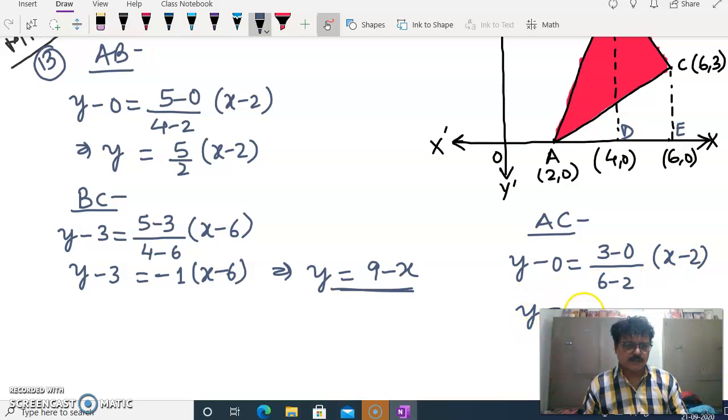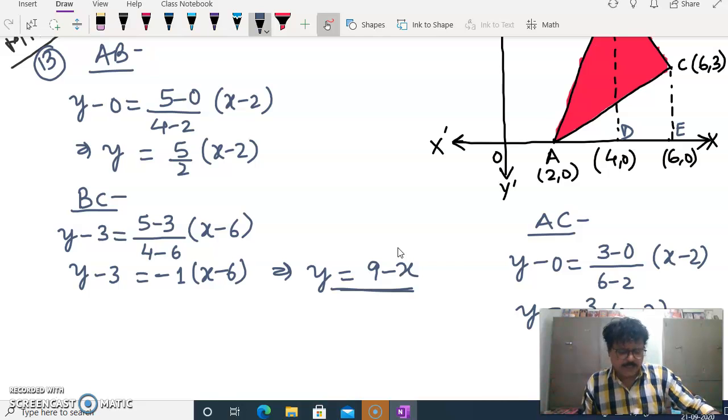So y is equal to 3 by 4 into (x minus 2). So we have got the equation of all the three lines. Sometimes these equations are given to us. So by solving any two equations, we will get their intersection points. That means we can get the coordinates of points A, B, C also. In this way we will be getting the equations.